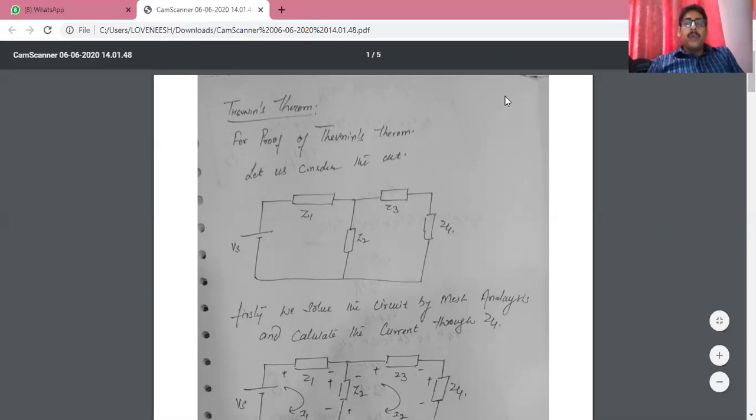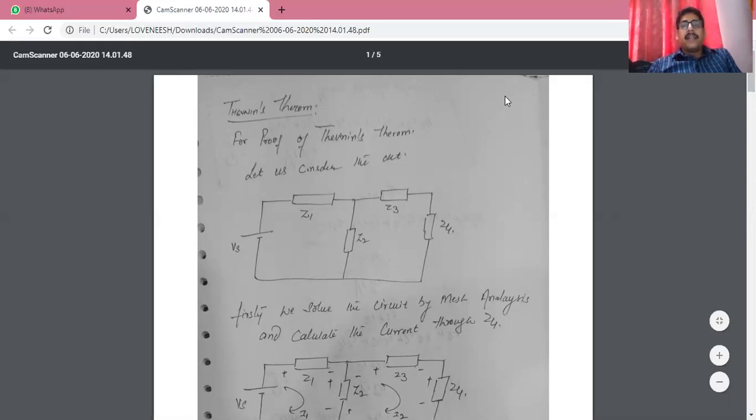And also we verify this theorem. For a proof of Thevenin theorem, what we have to do, we take a circuit as shown in your figure. Firstly, we calculate the current through a particular branch by using mesh analysis.